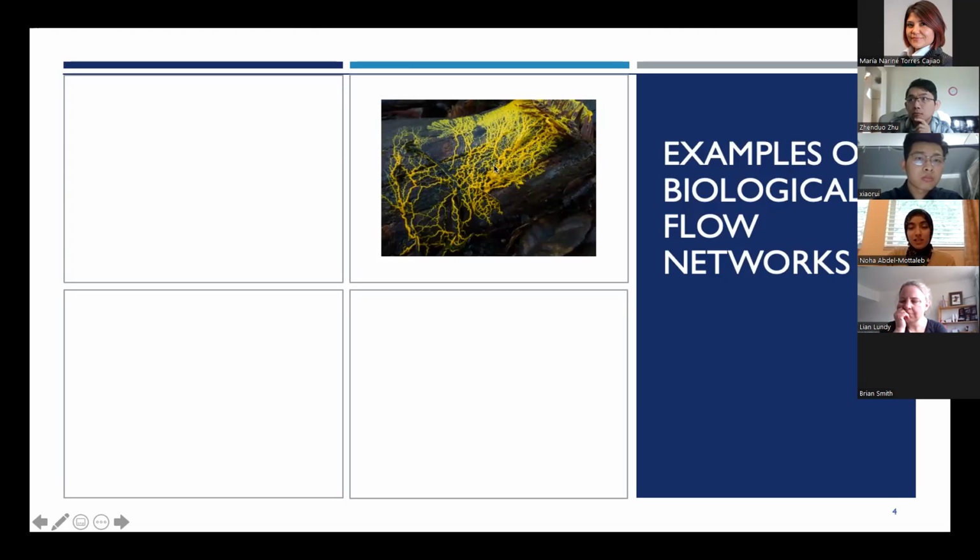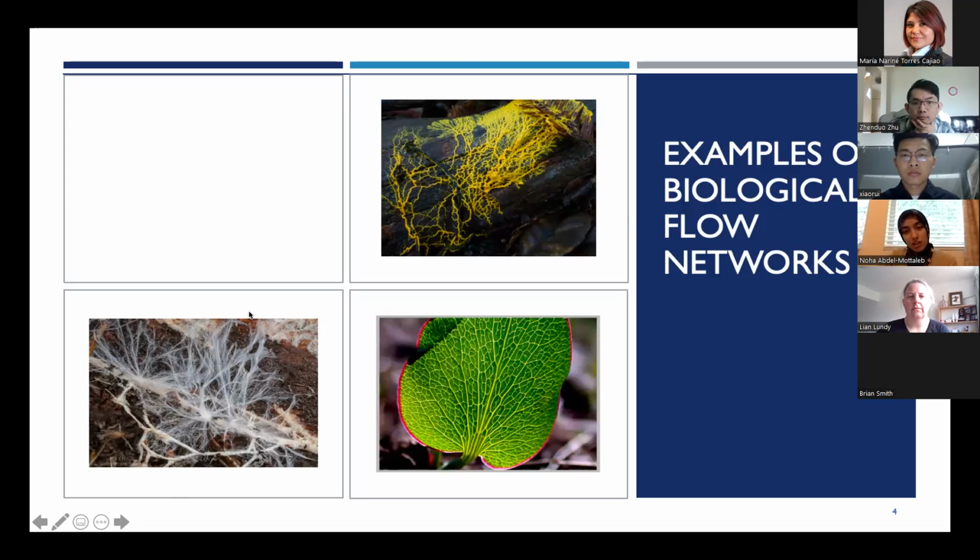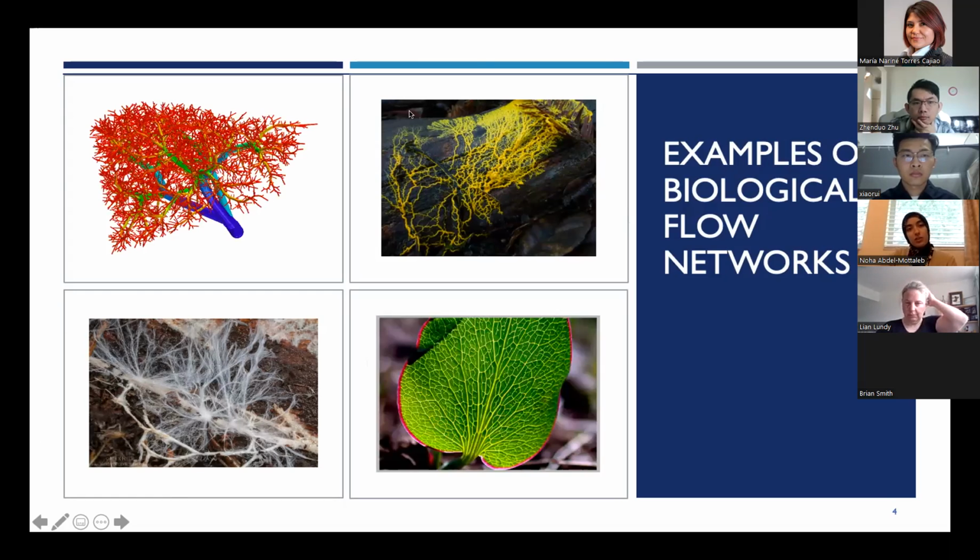This has been extensively studied and is present in nature and has been cultivated in labs, and there are known growth models that have been developed for it. In addition, here is a root network on the bottom left, a leaf venation network, and vasculature, so capillaries and veins.